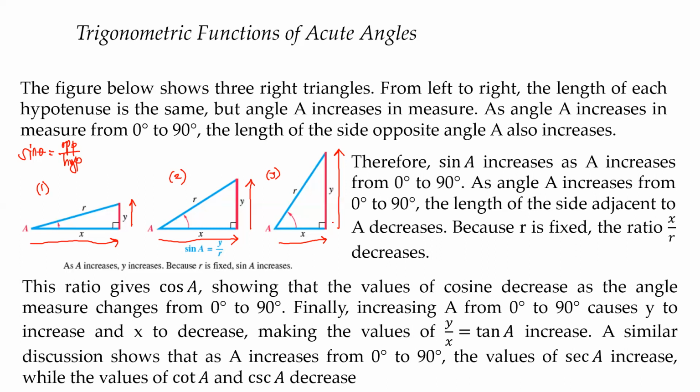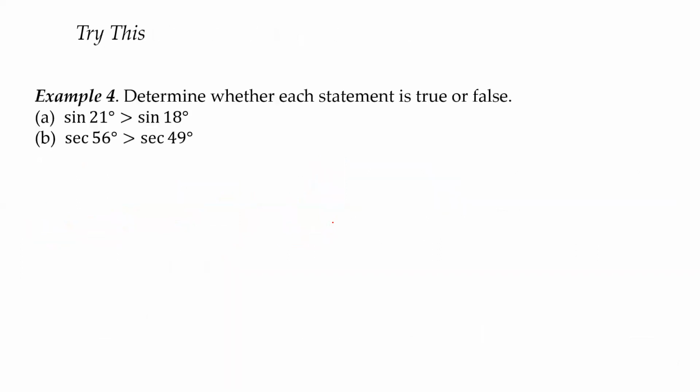Cosecant A being the inverse of our sine, so that's r over y. R is constant while y is increasing from 0 to 90. If nagkadako ang imong denominator while your numerator is held constant, then magkagamay ang imong cosecant A.